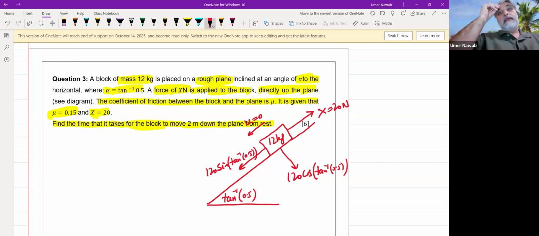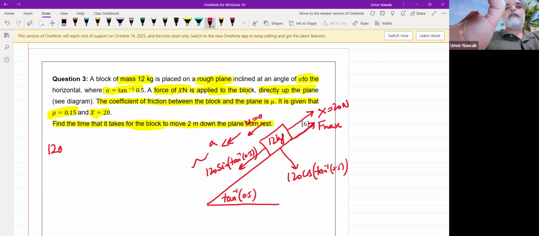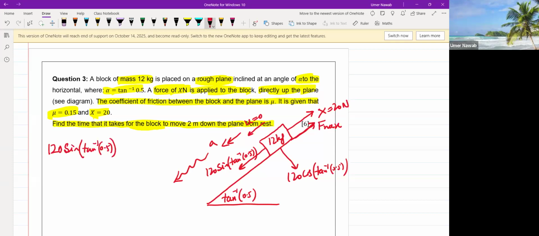Now I want to find the acceleration or deceleration. Obviously, it would be an acceleration. So if it is going down the plane, I'm going to write 120, the F max will be upward. So 120, again guys, I'm telling you this is going down. So 120 sine of inverse tan of 0.5, clear?